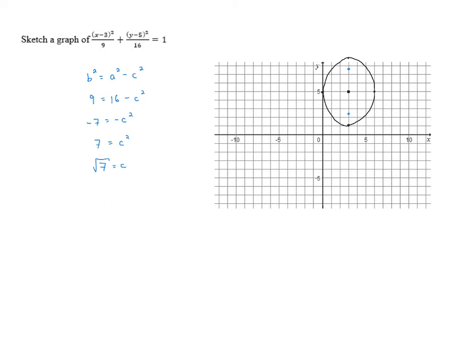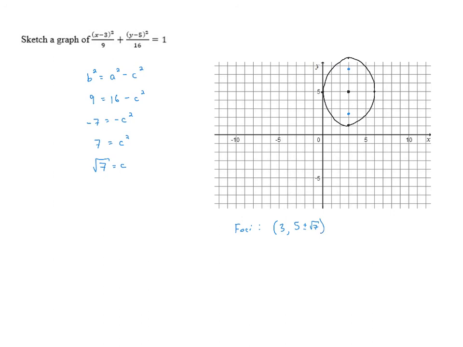If we want to know the actual points, well, the x-coordinate is going to be 3, because that's how far we are horizontally. The y-coordinate, though, we start at 5 and we go up root 7 or down root 7. So the foci are going to be at the points (3, 5 plus or minus root 7).